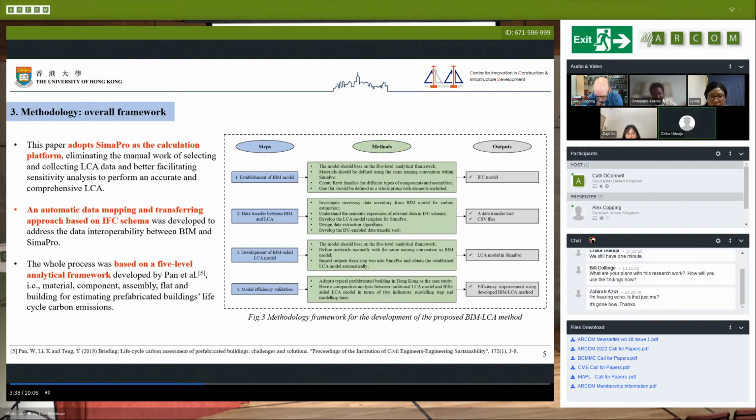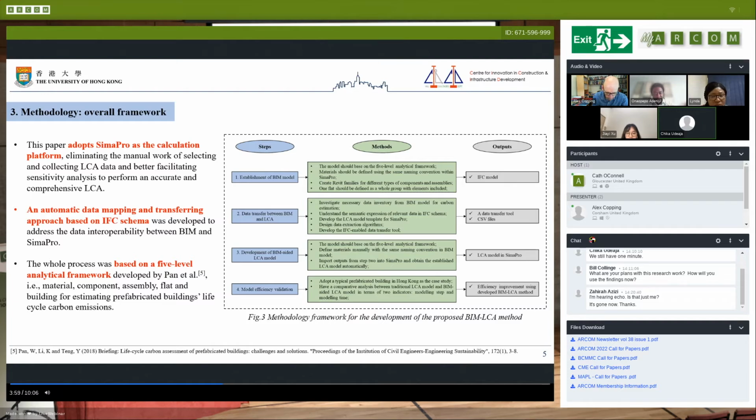This paper adopts Type 4 by using SIMAPRO as the calculation platform. SIMAPRO was selected as it is one of the leading software tools used for LCA and has been used in more than 80 countries. It has integrated with several LCA databases, thus providing sufficient carbon emission factors.